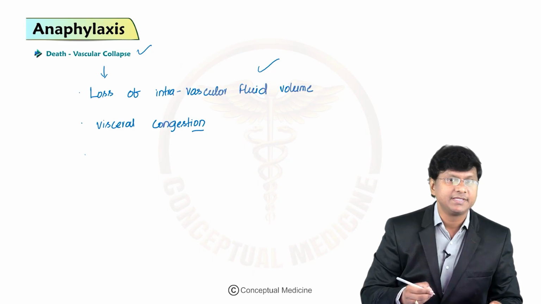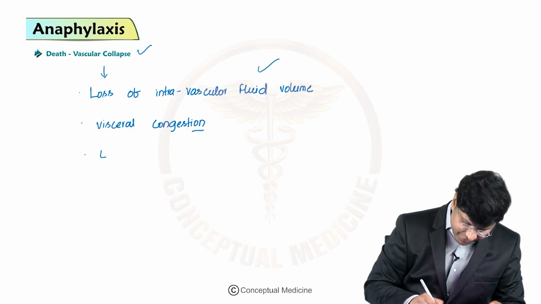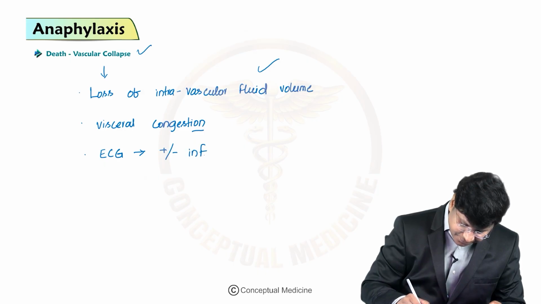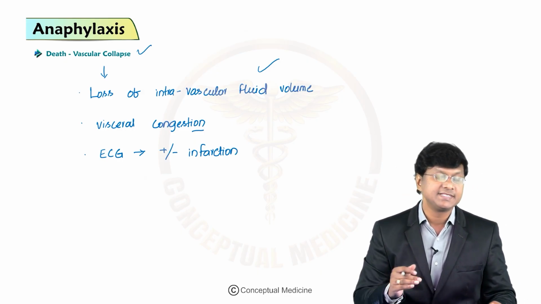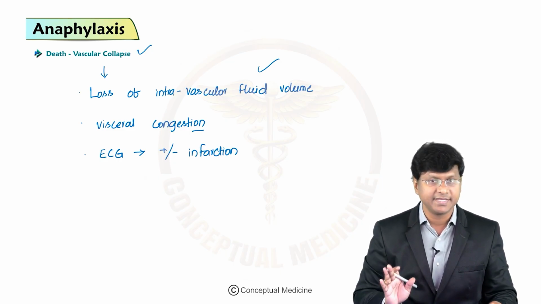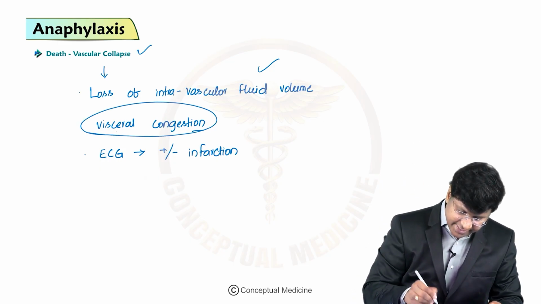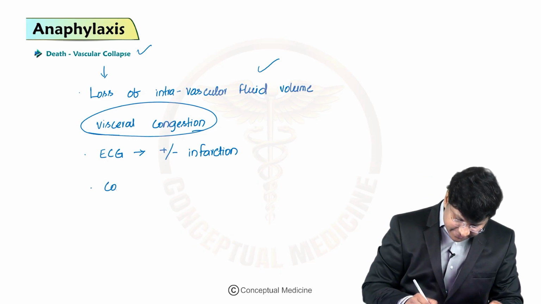And what are the associated electrocardiographic abnormalities? You will observe electrocardiographic abnormalities with or without infarction, and in some patients it may reflect a primary cardiac event mediated by mast cells. Why is there this cardiovascular collapse?